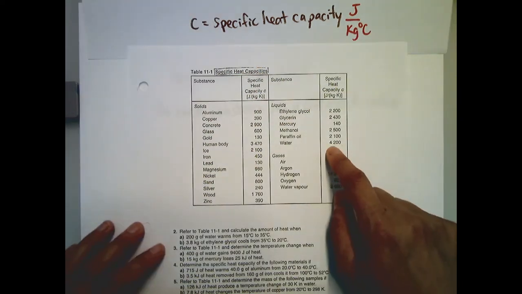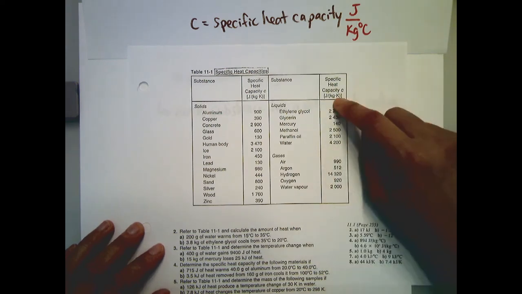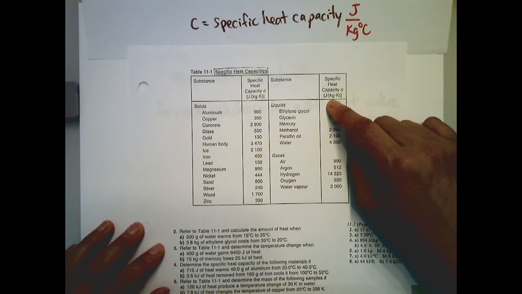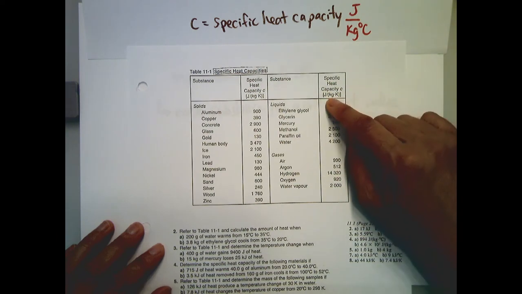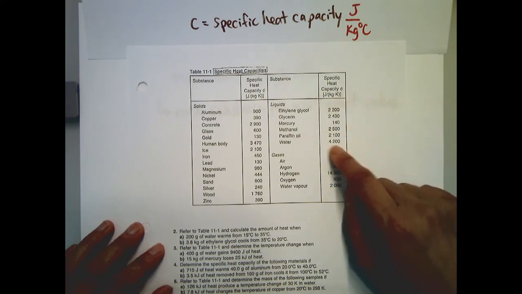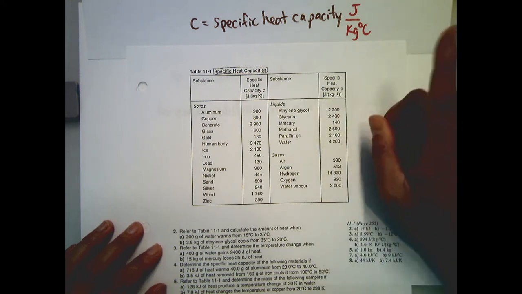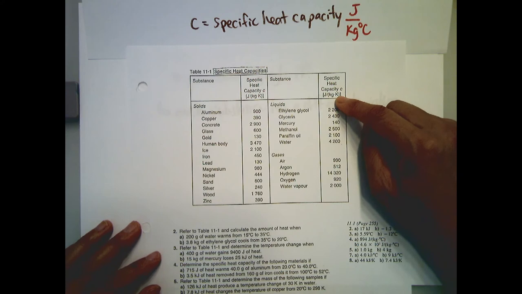Oh, there's water right there. All right, you'll notice it's 4,200 joules per kilogram per Kelvin, or Celsius in this case, it doesn't matter. I will explain why in a moment, but basically it takes about 4,200 joules to increase the temperature by 1 degree for every kilogram.